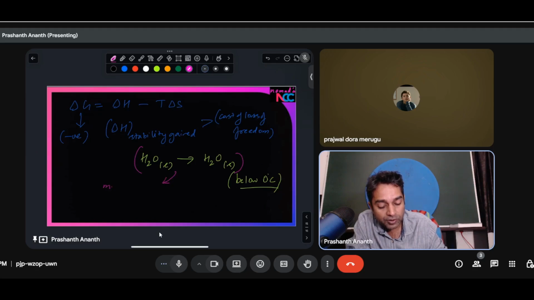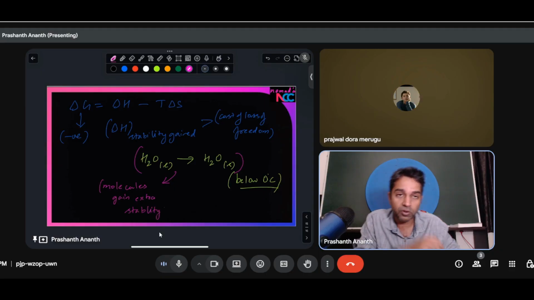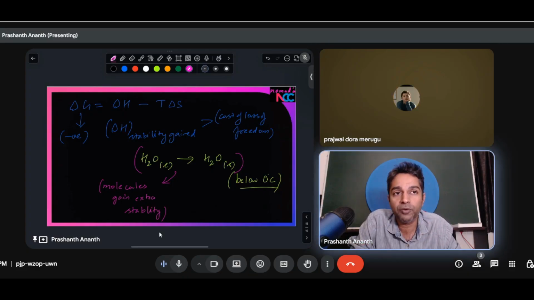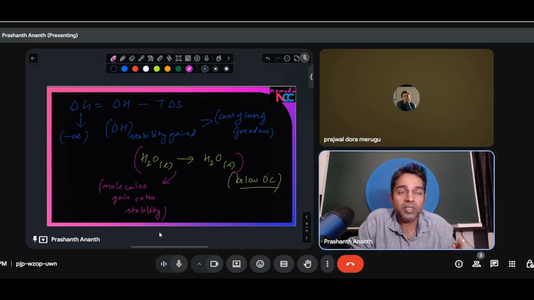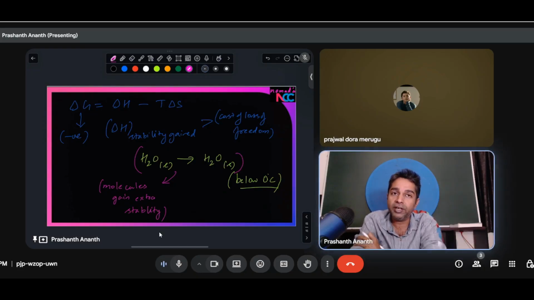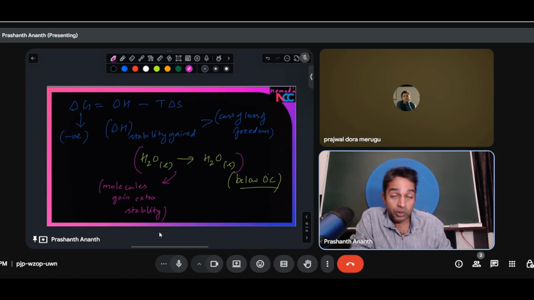The molecules gain extra stability, because in water solid you have ice molecules, or water molecules, in a very beautiful pattern where they are internally hydrogen bonded and connected with everything, forming nice patterns in the entire structure. You are familiar with the structure of ice, the hexagonal patterns? So the molecules effectively gain much greater stability in the process. We can effectively say molecules have gained stability now.